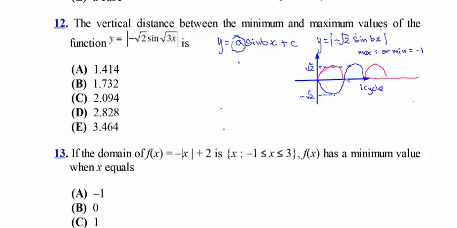Then followed by the original one without the flip is like that. Okay, so if you look at the maximum point, which is here, square root 2, the lowest point it can go is 0. So the distance between the maximum and minimum will be square root 2. Okay. So square root 2 is actually 1.414.